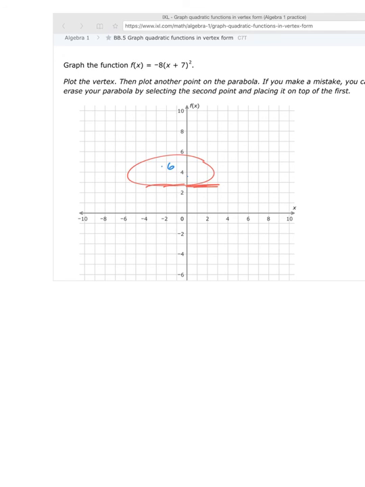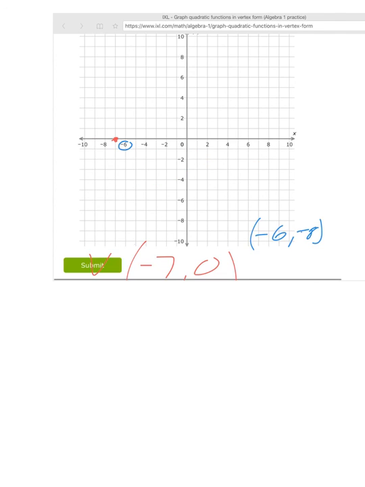And then 1 squared would be just 1 again, and then 1 times negative 8 would be negative 8. So if I put in negative 6, I get negative 8 as a point. I'll have to go way down here. Negative 6, negative 8. I'll plot these points with the little pointer. So that's what this one starts to look like.